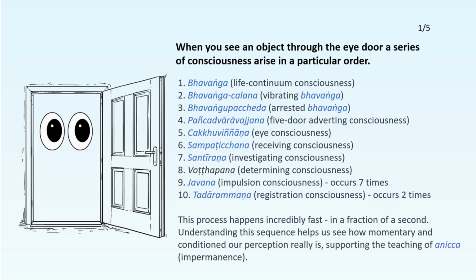Okay. So when you see an object through the eye, a series of consciousness arise in a particular order.